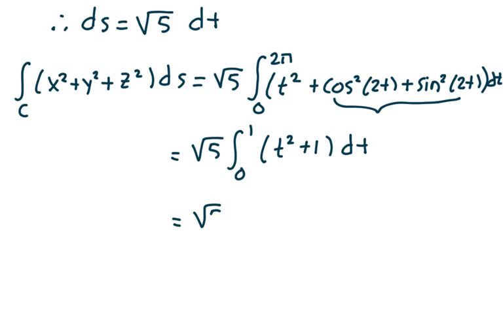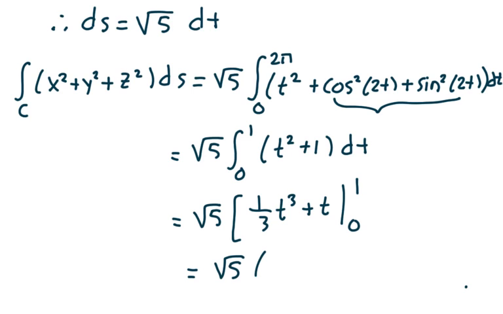And so that's square root of 5 times 1/3 t to the third plus t, evaluated from 0 to 1. If I replace t with 1, I get 4/3. So again, the answer to number 12 is 4 square root of 5 divided by 3.